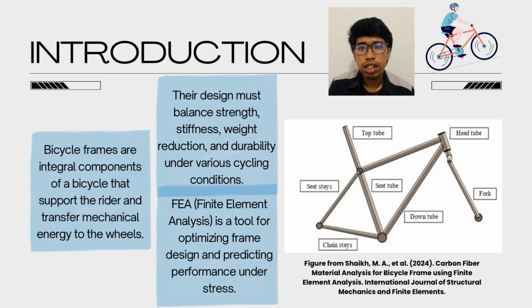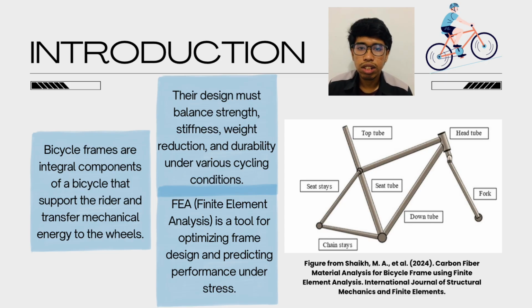Their design must balance strength, stiffness, weight reduction and durability under various cycling conditions. In simple terms, the frame needs to be strong enough to handle stress, stiff enough for efficient energy transfer, light to reduce effort, and durable to survive long-term use, especially under different road conditions.